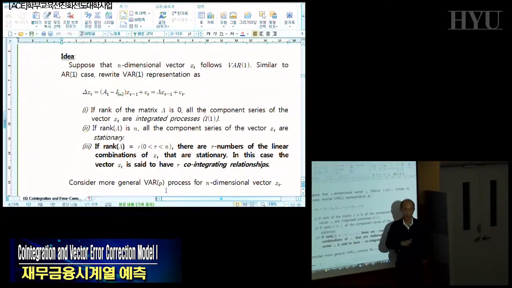That number of linear combinations is going to be stationary. That means there are that many co-integrating equations. Are you with me? So without seeing any technical detail about the test, the situation is just like that. We'll get to more detail.